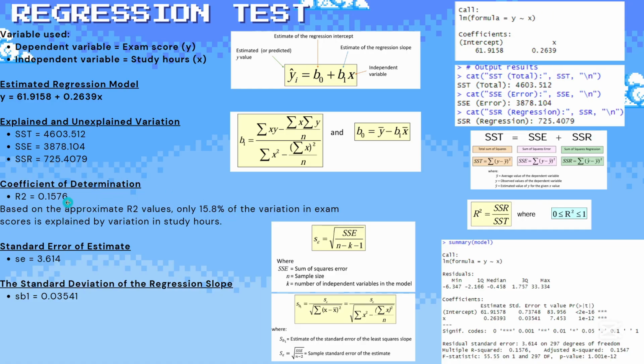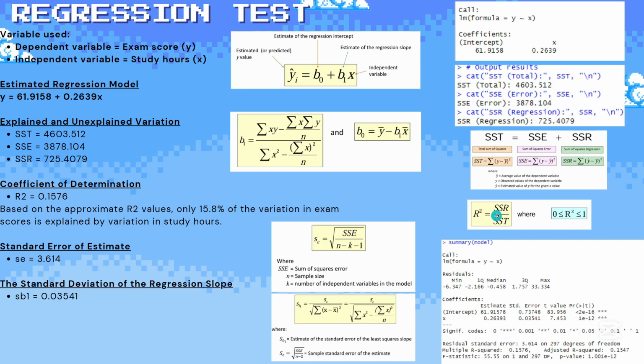And then the coefficient of determination. The equation is this one. We just use our previous value for SSR, the sum of squares regression, and divide it by the total sum of squares to get the value.